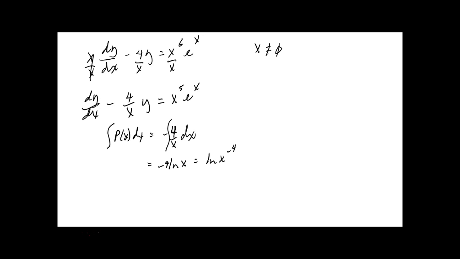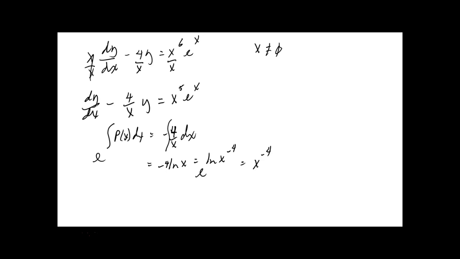Now let's e it. We'll e that and e this. And what does that become? x to the minus 4. That is your integrating factor. Remember, e to the integral of p of x, that's your integrating factor. x to the minus 4. So, that's what we multiply.